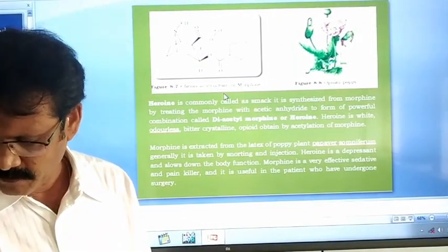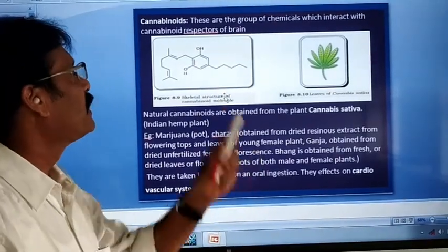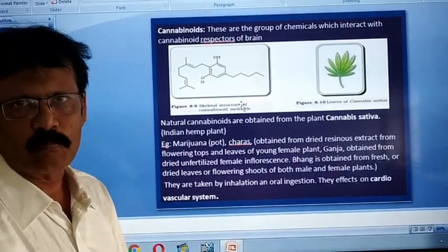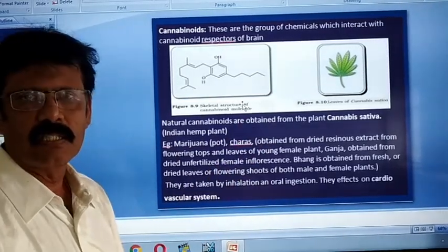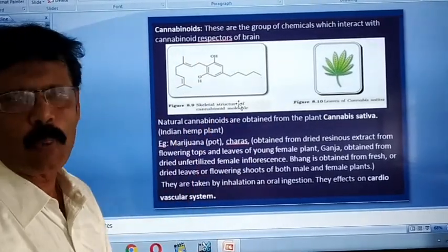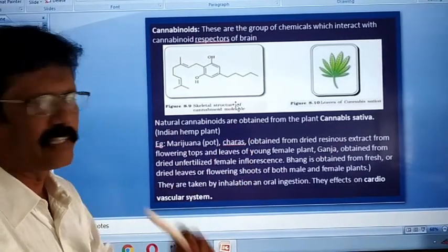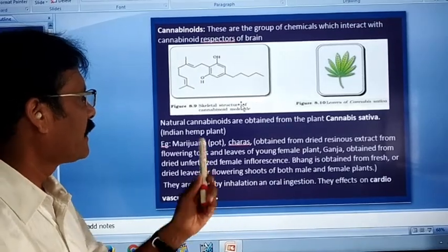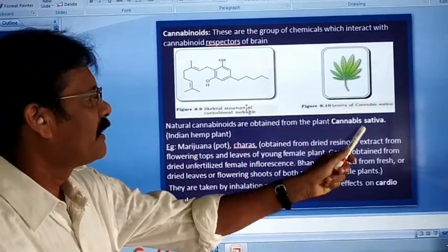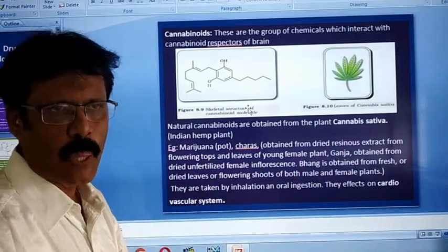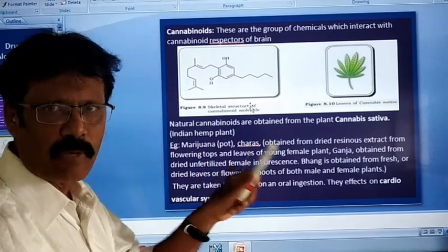So next one is cannabinoids. Cannabinoids are a group of chemicals which interact with the cannabinoid receptors present in the brain. Natural cannabinoids are obtained from the plant called Cannabis sativa, generally called the Indian hemp plant.